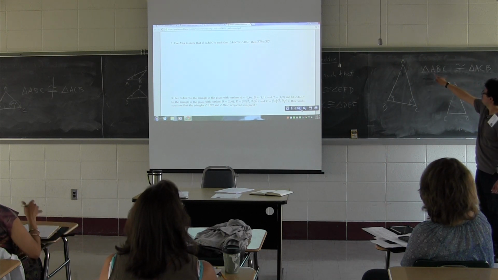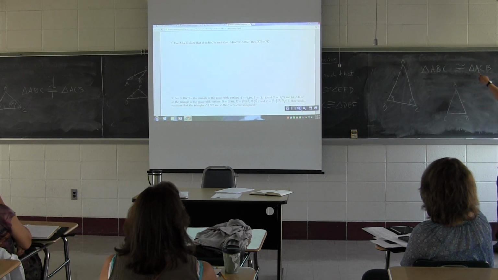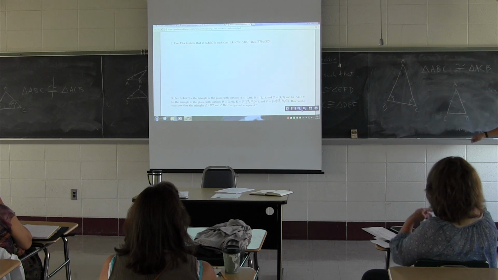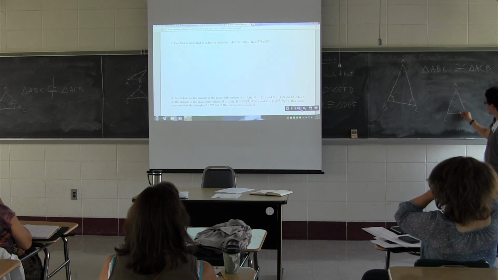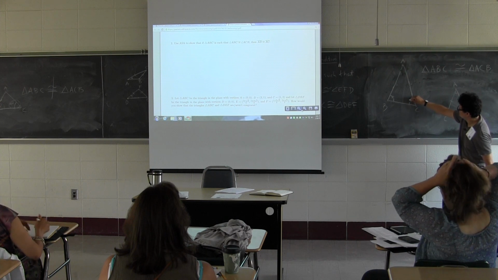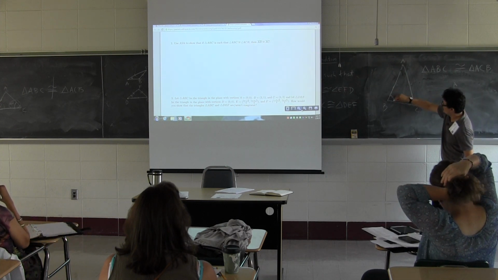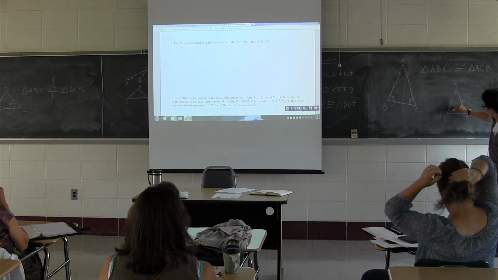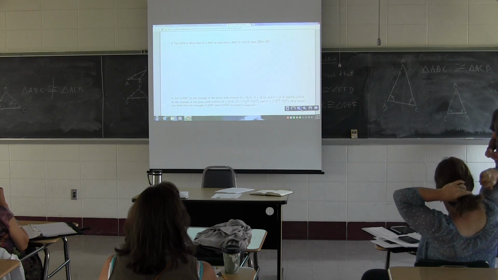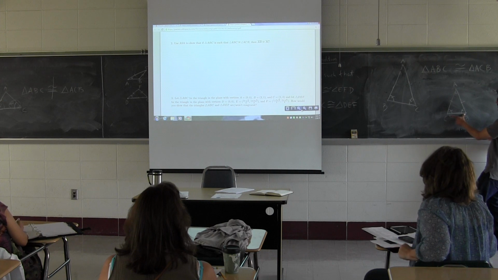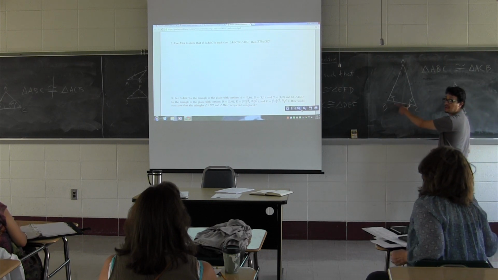If we show the triangle ABC is congruent to ACB, right? So this angle is equal to this angle. This angle here is equal to this angle here because that's the hypothesis. And this side is congruent to this side.